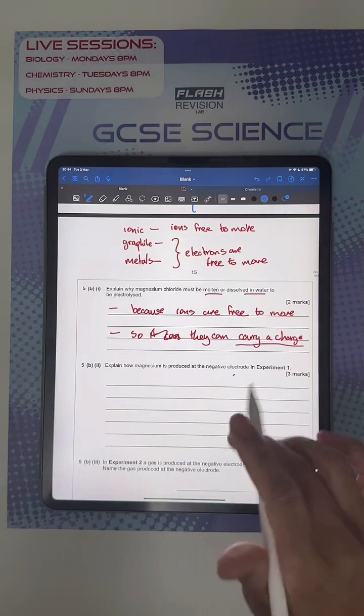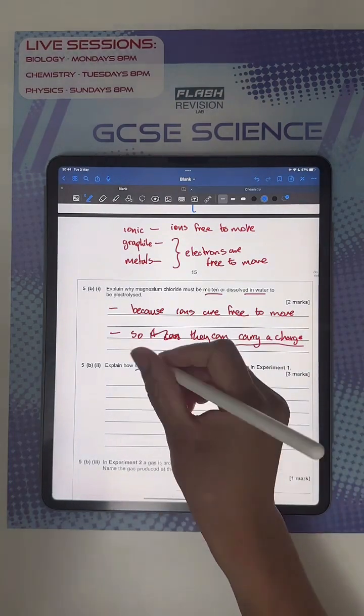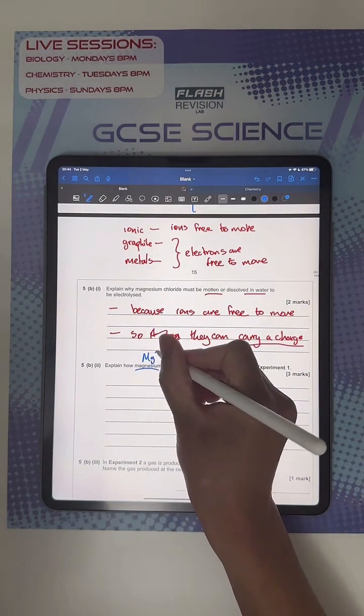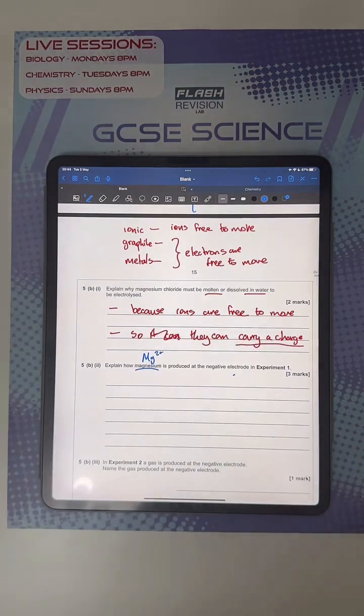The question is talking about magnesium, so it's actually talking about positive ions, Mg2 plus. So we need to talk about positive ions. Positive ions gain electrons. Are attracted to the negative electrode. Reduction needs to gain 2 electrons.